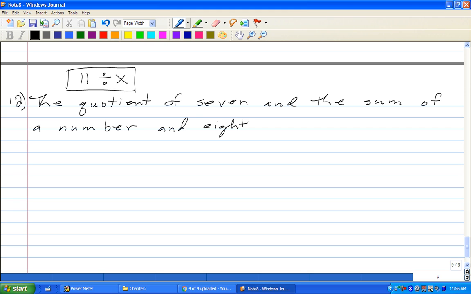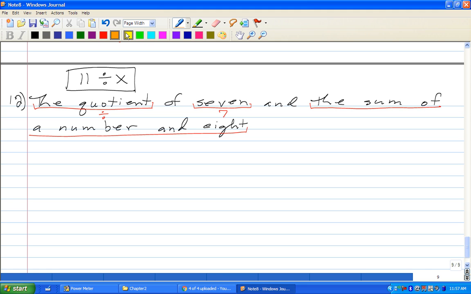Okay, so let me do this. So I have the quotient of what? Well, 7 and the sum of a number and 8. Okay, so I have to figure out the quotient of the 7 and the other stuff. So let's figure out what this other stuff is.